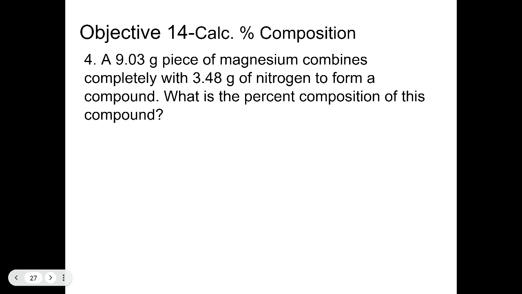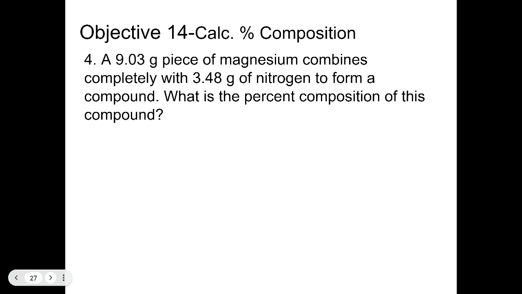Now, there are 2 ways we can go about solving for nitrogen. We can either come back in and instead of having 9.03, we can insert 3.48 grams instead. So it'll be 3.48 divided by 12.51 grams and then times 100, and that would give you a percentage.